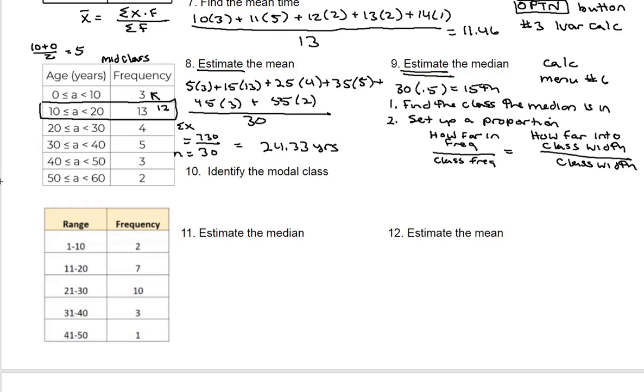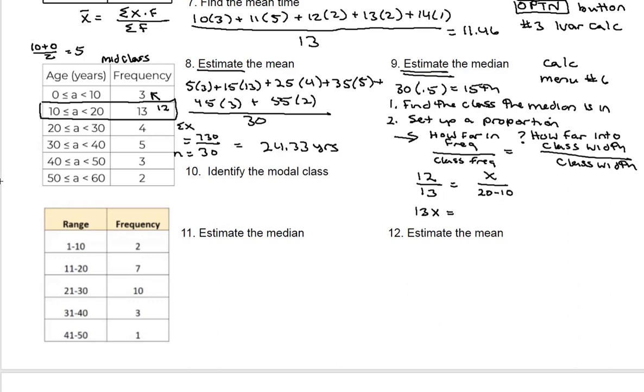That's my first fraction. And then I'm going to make it a proportion. Now I'm going to make it equal to how far I go into the class width, which is x. I don't know what that number is going to be, but I do know the class width is going to be 10. 20 minus 10 is 10, and there are no gaps between the classes. So the total class width is going to be 10.